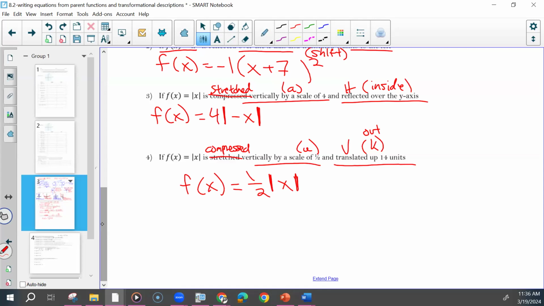And then the translated up 14, plus 14 on the outside. So you have to know where things go, if it's vertical, if it's horizontal, how to write it, and all of those things. Questions about this?